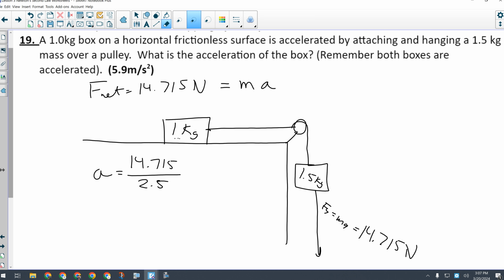And when we do that, we get 5.9 meters per second squared. And since it's the 1 kilogram box that they're asking about, I should probably say forward, towards the pulley, along the table, basically anything that says I realize that this is a vector quantity and it's going ahead. Okay, in the direction it's being pulled.